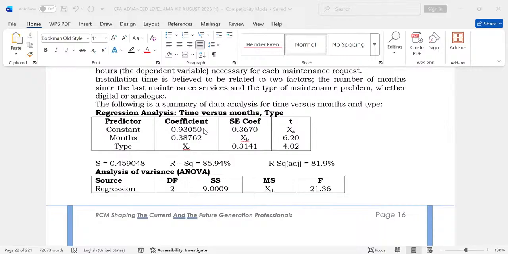Divide this by the standard error of the same coefficient, which is 0.3670. So I hope all of them are then able to get the same T ratio here, which is 2.5354, isn't it?